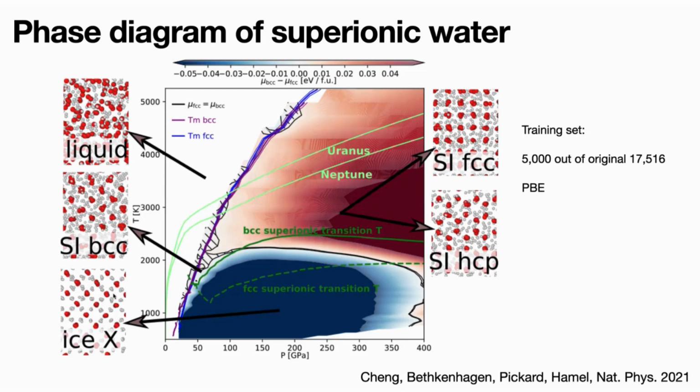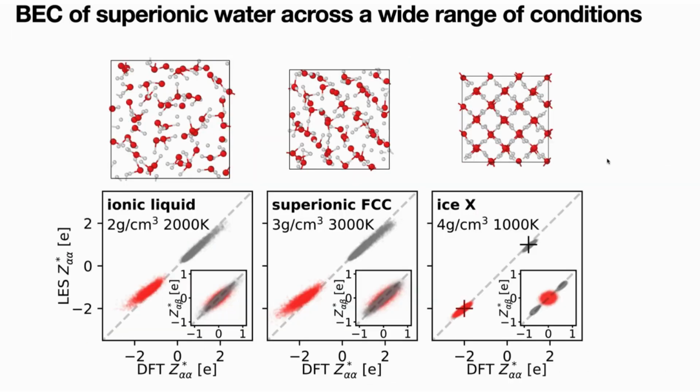It also contains many ice phases. So we have the familiar ice 10, where you see that the oxygen atoms form a BCC lattice and hydrogen are shared in between. And then we have superionic BCC, superionic FCC, superionic HCP, and we have ionic liquid. Now, we just take a subset out of this original data set, and then we train our long-range machine learning potential.